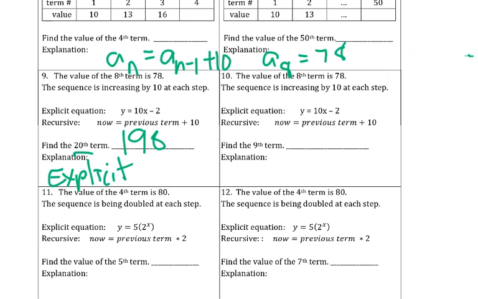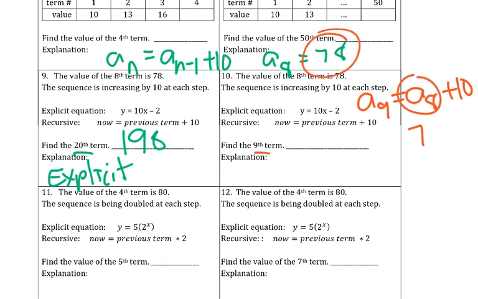Alright, now looking at find the 9th term. Okay, so a sub 9 would equal a sub n minus 1, so that would be 8, right? 9 minus 1 is 8, plus 10. Do we know what a sub 8 is? It is. It's 78. 78 plus 10 would give us 88.